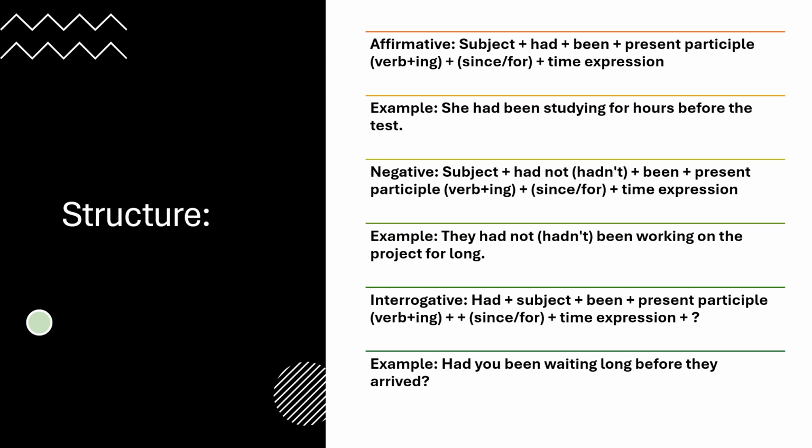For example, they had not been working on the project for long. Interrogative: had plus subject plus been plus present participle plus since or for plus time expression. For example, had you been waiting long before they arrived?